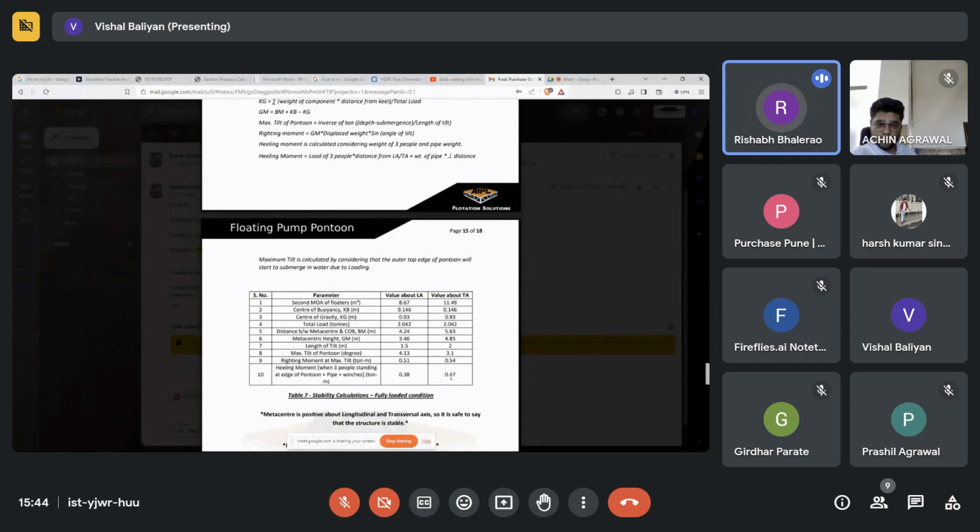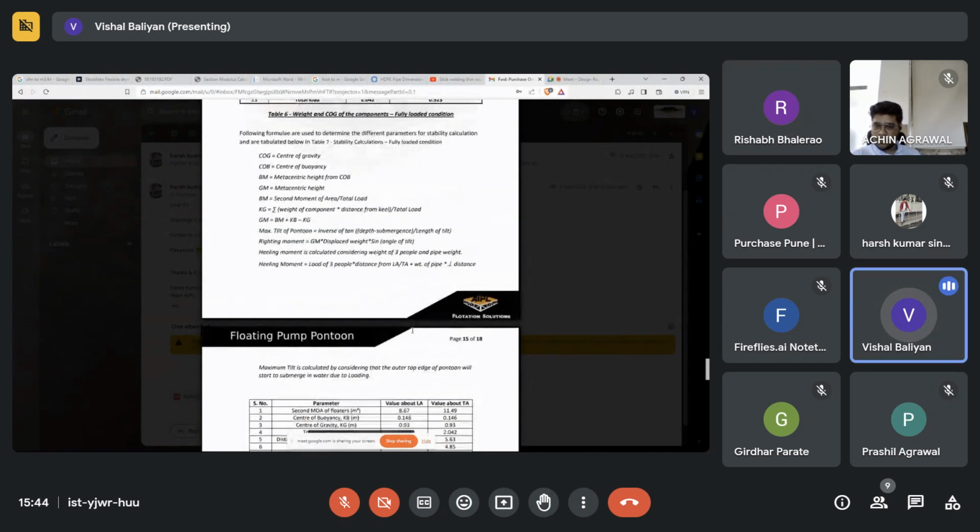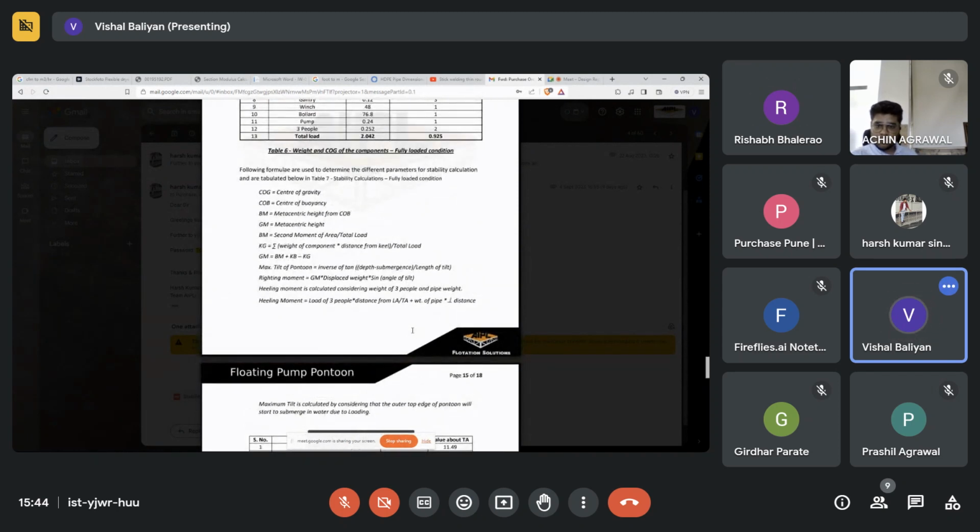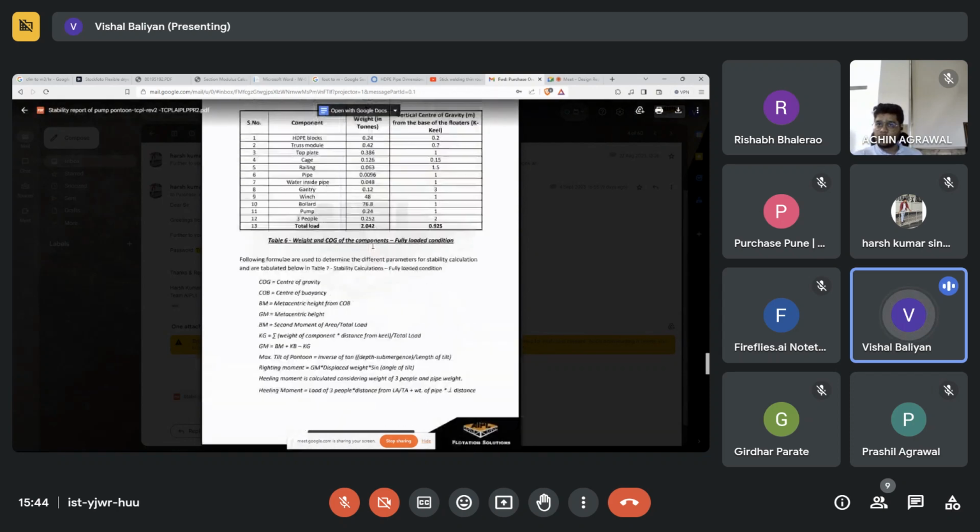What is the case with the righting moment, as I am having a problem? The righting moment is the property of the water plane area. The water plane area of the pontoon is resisting this heeling moment in both directions. That has been calculated.